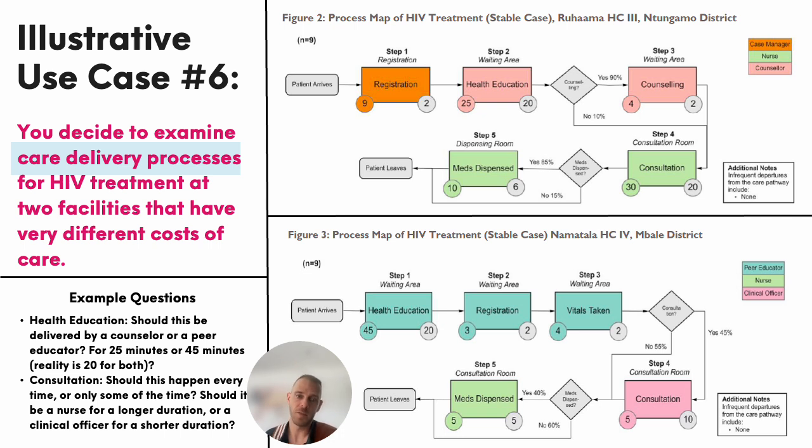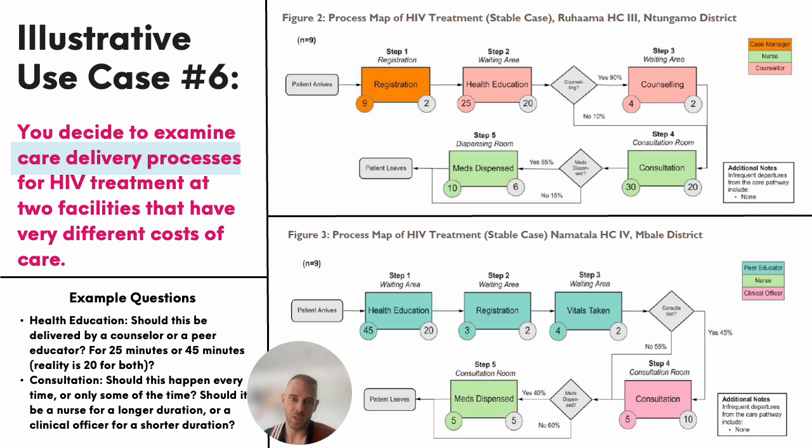And we could compare this to the bottom figure here, where we see that there's a peer educator performing several steps, represented in sort of a light blue, a clinical officer, which is in a different shade of pink, and again a nurse, which is represented once again in green. So comparing the maps at the top and the bottom, this raises several questions for us.